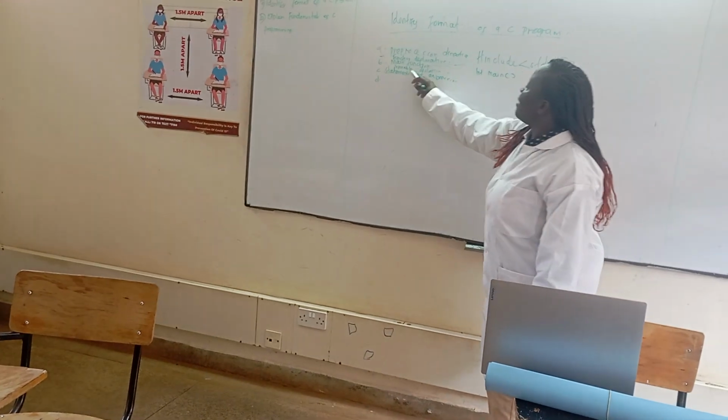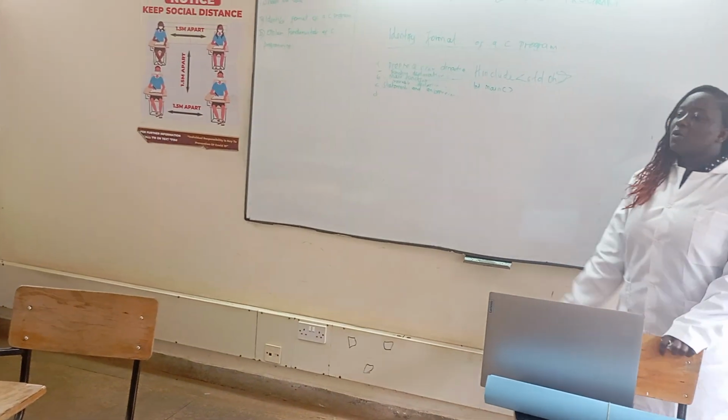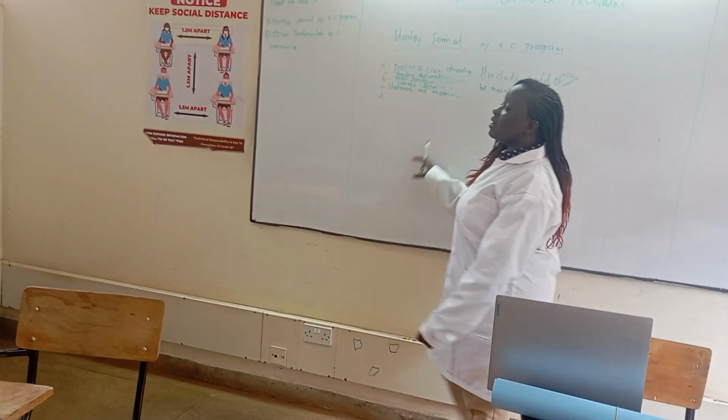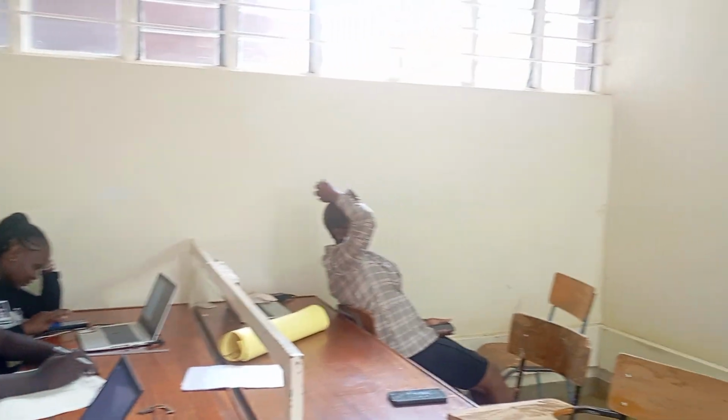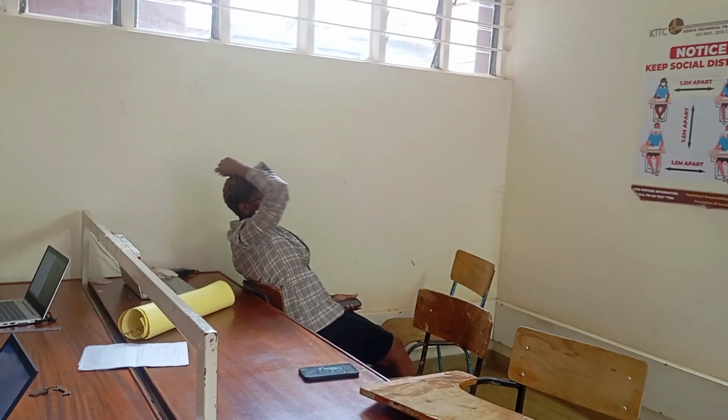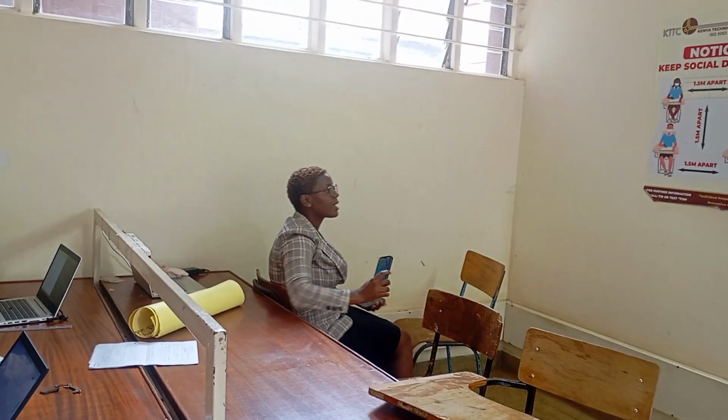Main. We have variable declaration. Now, who can explain for us what a variable is? Yes, Tessie? A variable is a named memory location that contains data that can be changed in the course of program execution.